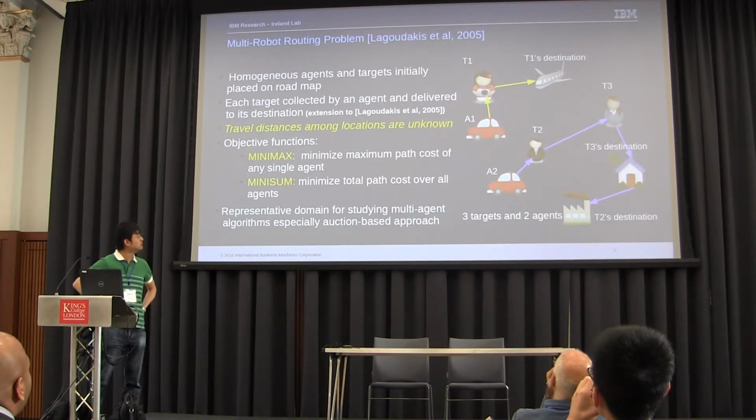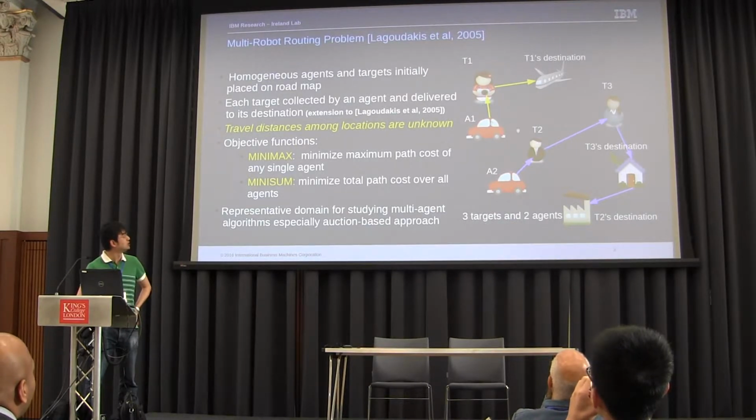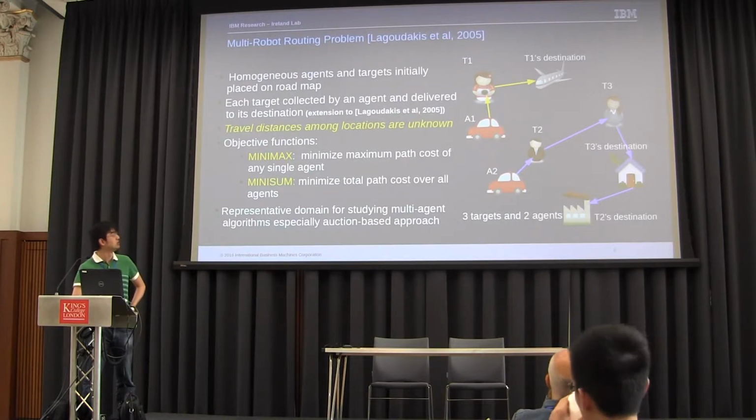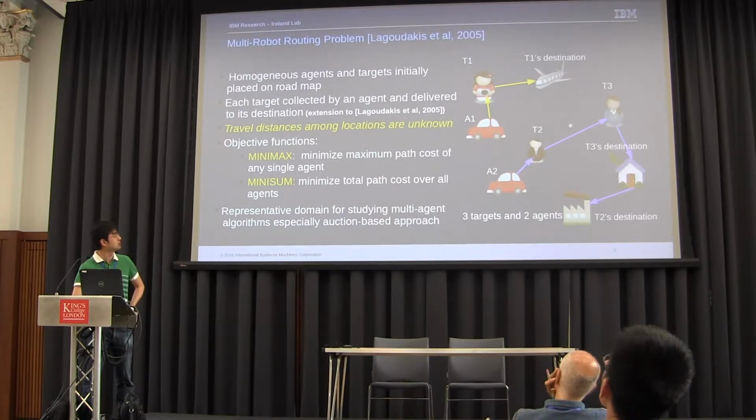For example, if we have two agents here and three targets, in this case, agent A1 collects this target and then delivers it to its destination, and this agent collects two targets and then delivers them to their destinations.